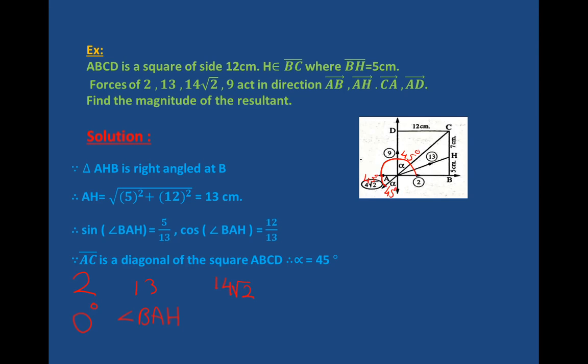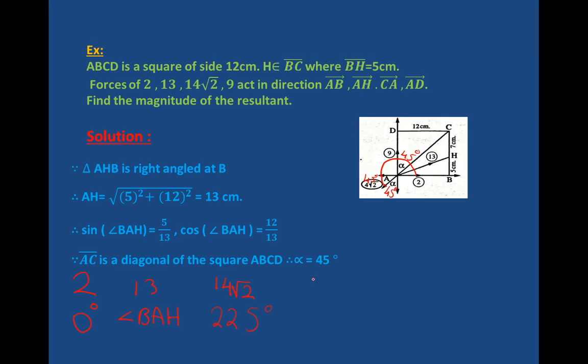Then the measure of the angle between the force of 4 root 2 and the positive x direction equals 180 plus 45 equals 225 degrees.